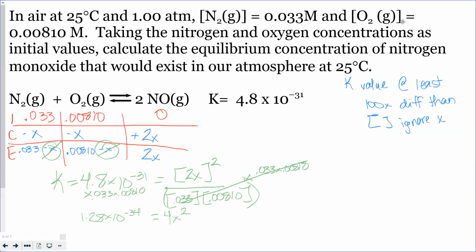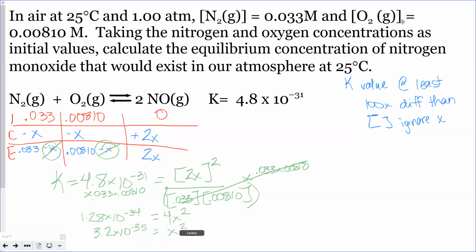Sorry, I don't have that number written down. So 1.28 times 10 to the negative 34th divided by 4 is 3.2 times 10 to the negative 35th, excuse me.